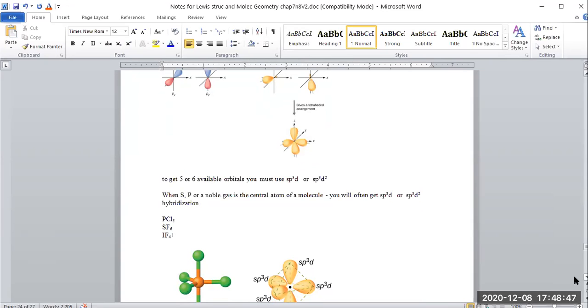Sulfur likes to do this. Phosphorus likes to do it. Some of the noble gases, the lower noble gases, things like xenon, argon, krypton, not neon or helium because they are much too small.